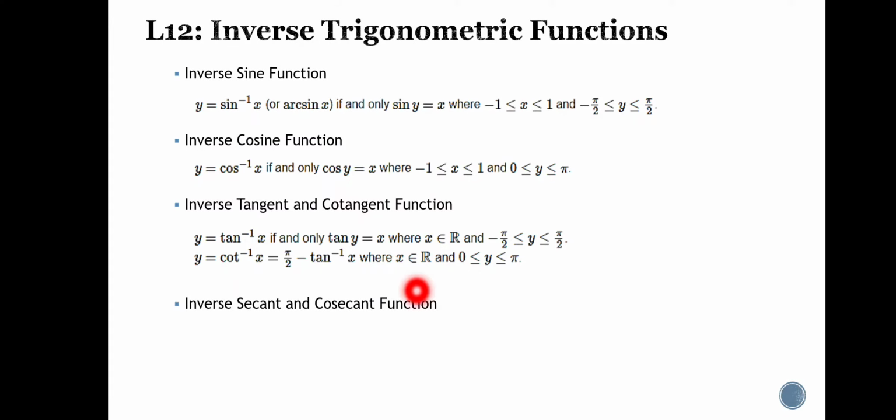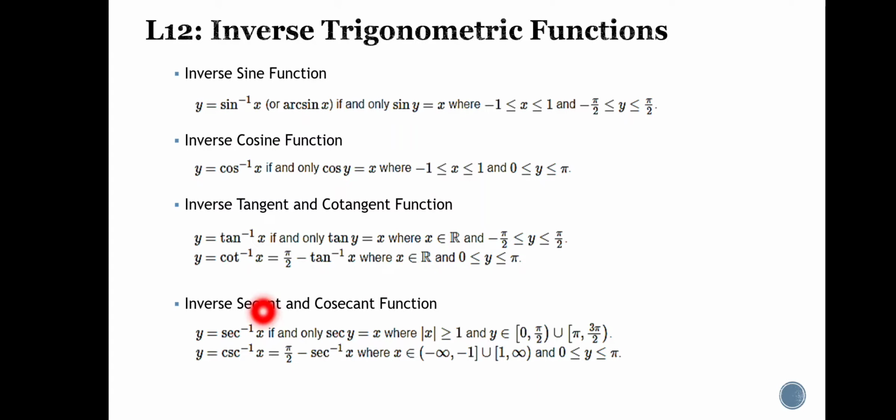For the inverse secant and cosecant functions, we have y equals arc secant x if and only if secant y equals x, where the absolute value of x should be greater than or equal to 1 and y is an element of 0 to pi over 2, or it could be from pi to 3 pi over 2.